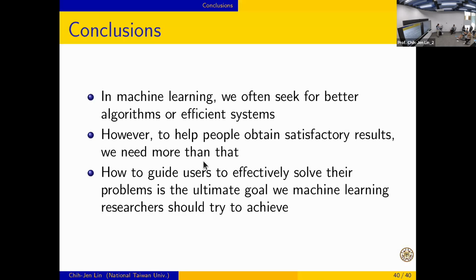Of course, we hope to have some automated setting, but this is actually very difficult. So in a sense, this is already a huge research issue: how can we effectively guide users to solve their complicated problems? I always think that this is actually the final goal that we machine learning researchers should try to achieve.